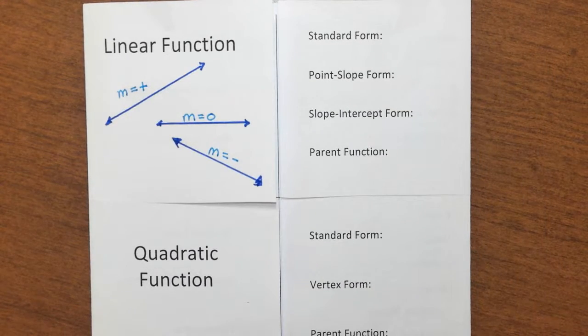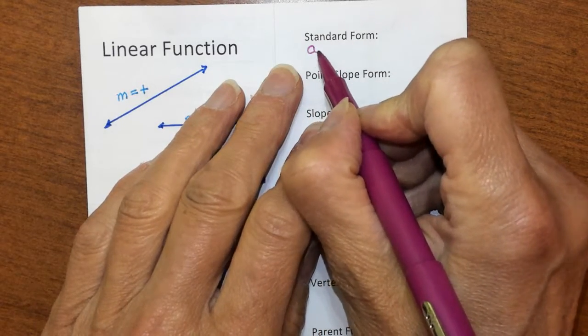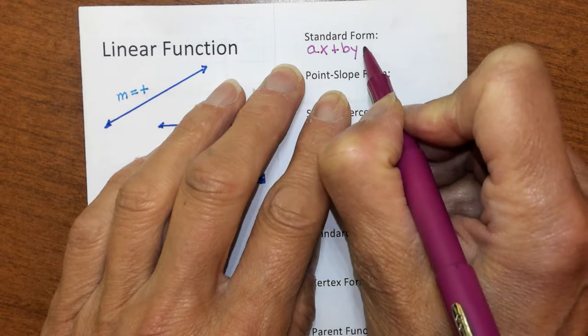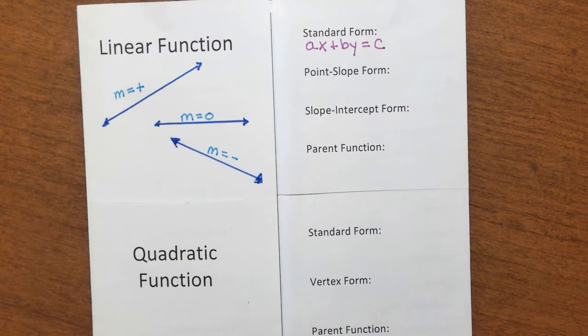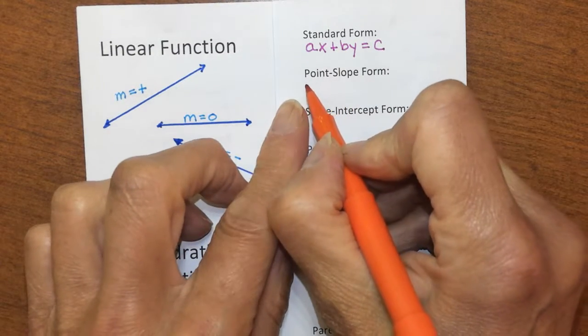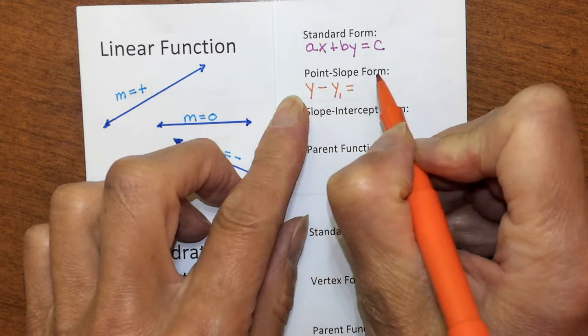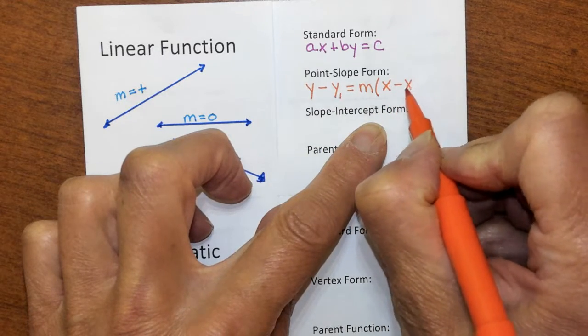So if you recall, some of our functions have different forms. So standard form for a line is ax plus by equals c. Point slope form is y minus y1 is equal to m times x minus x1.